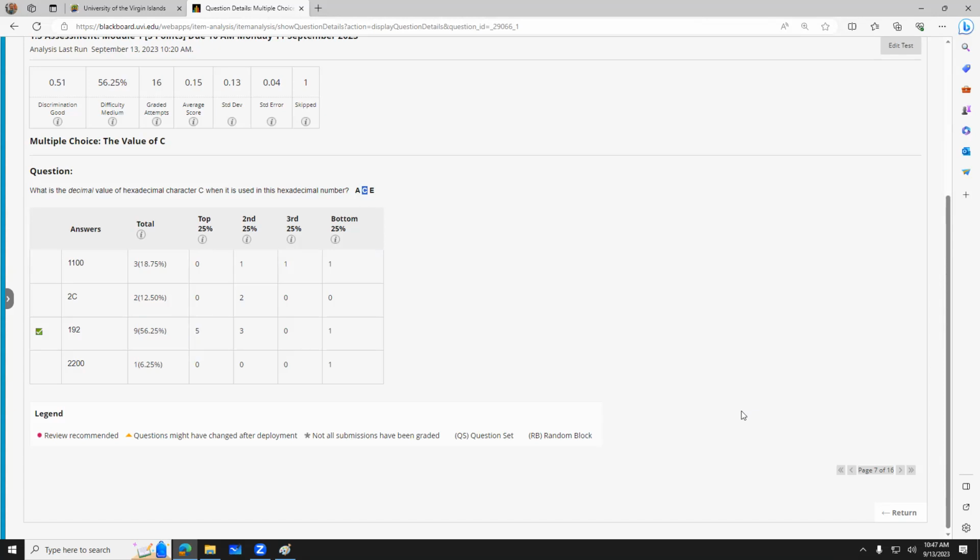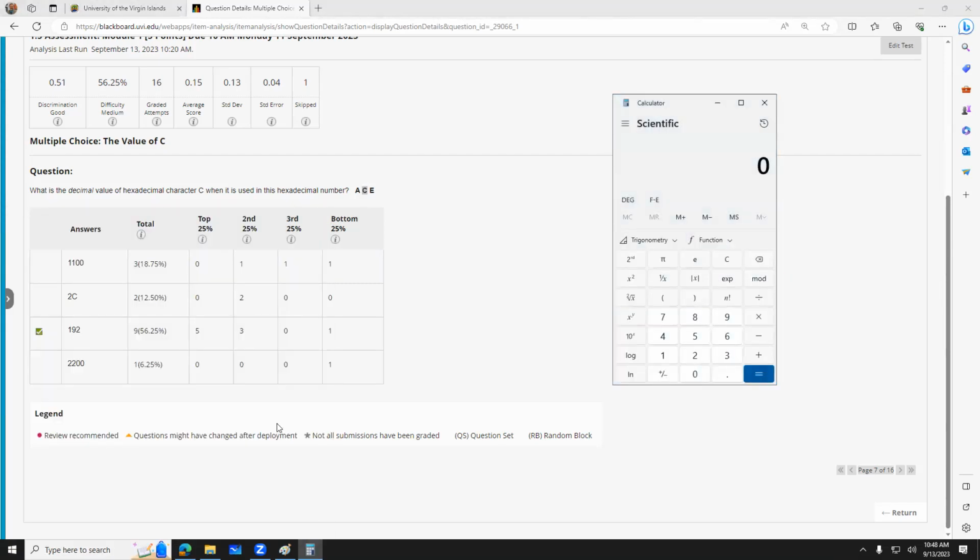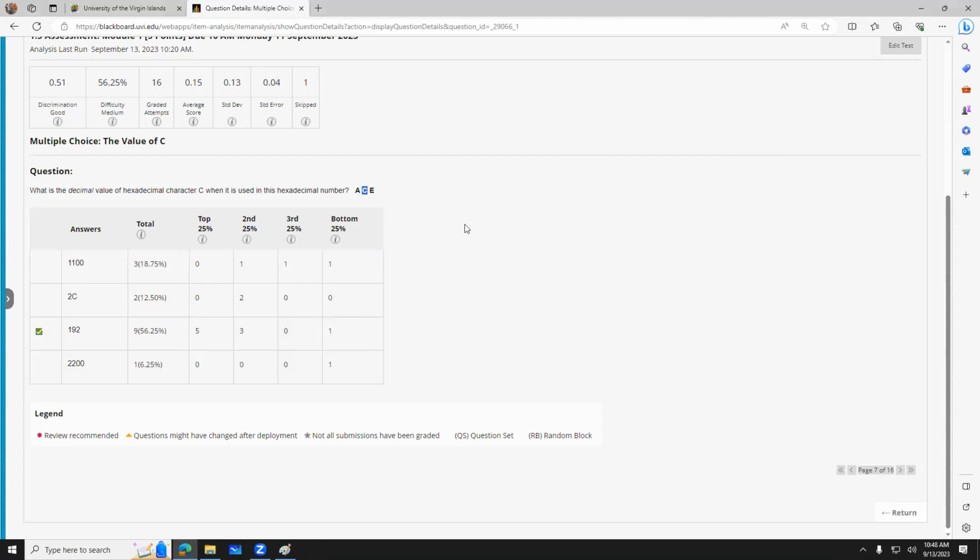Anyone? It's 12 times 16. So C equals 12 in decimal, but because it's in the sixteens column, it's 16 to the first power. So I'm multiplying 12 by 16. 12 times 16 is 192. That's the answer. Any questions?